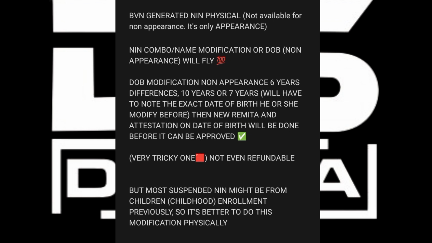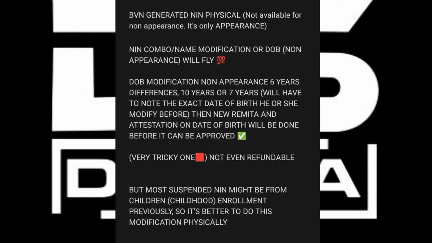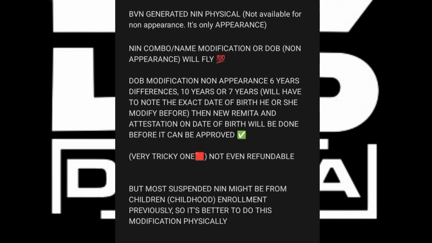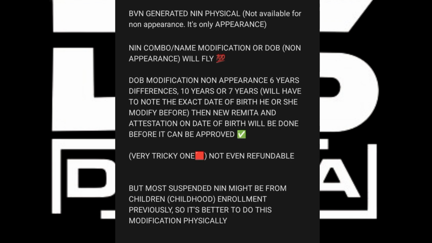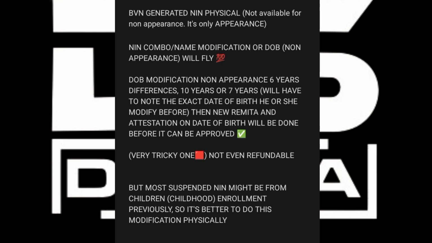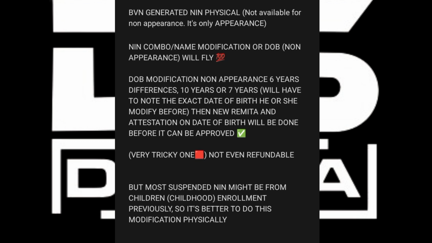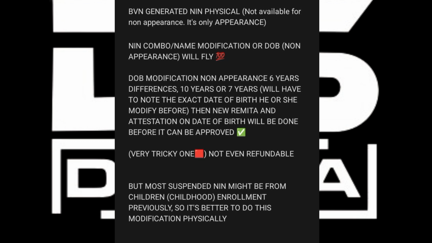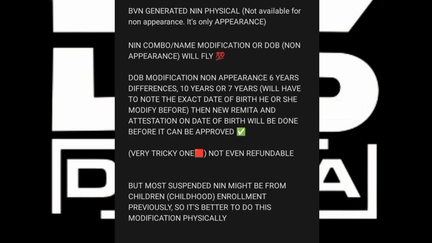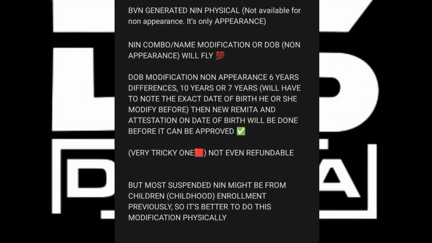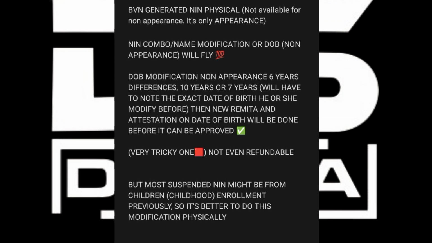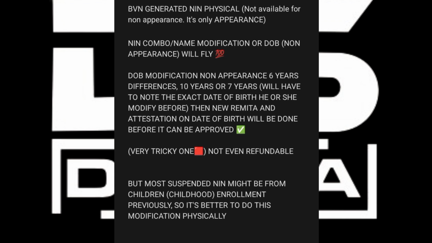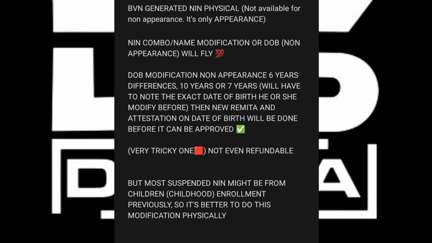It's possible. But mostly it is always more effective to have your BVN generated NIN re-enrolled physically, so that you can thumbprint and capture and everything will be accurate. So your BVN tracking ID will turn to normal tracking ID.